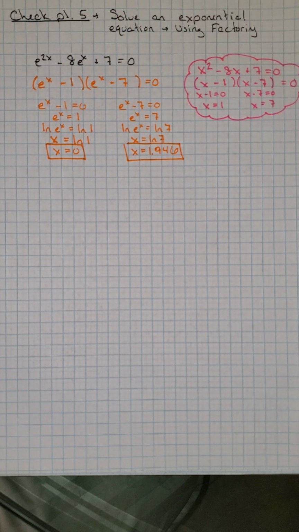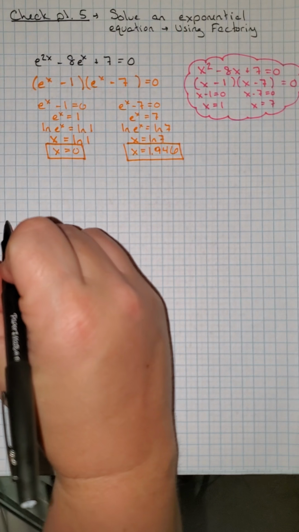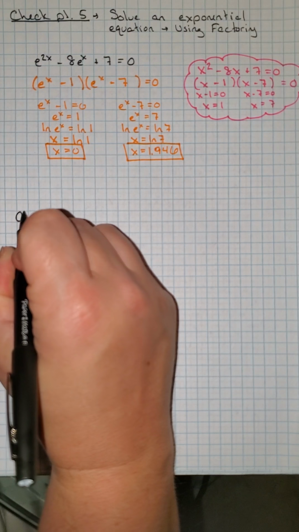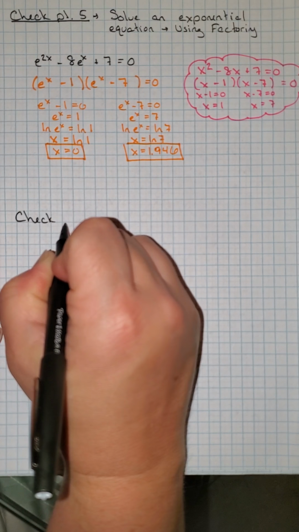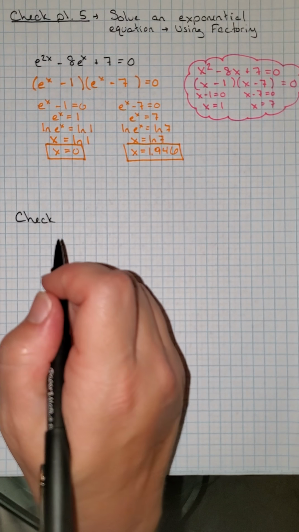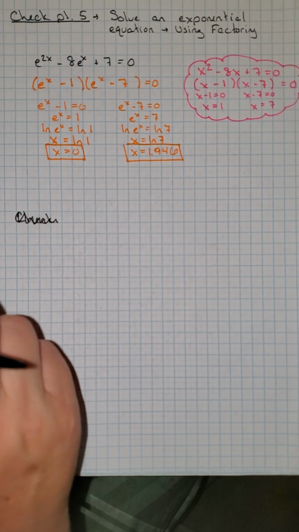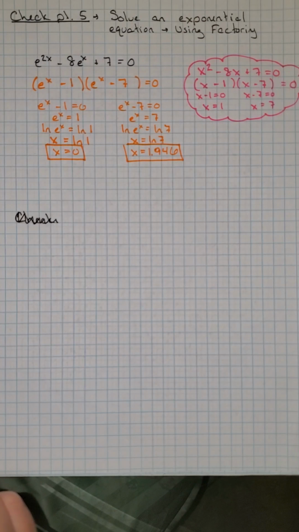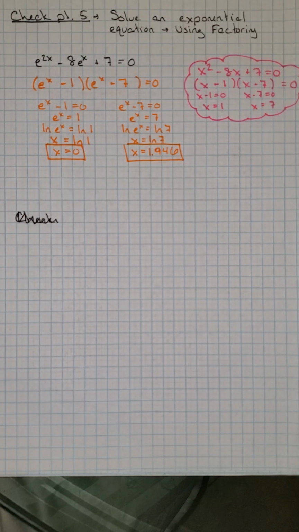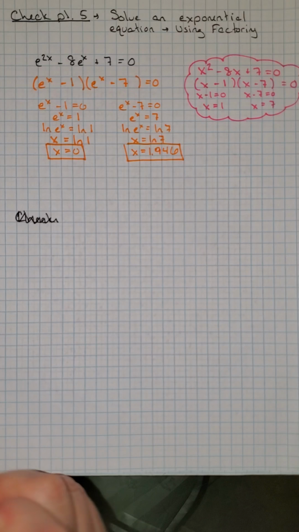We'll start with checkpoint 6. This one's solving a pretty basic logarithmic equation. Oh, hang on. Before I do that, anytime you do a problem with a log in it, you have to check your answer.